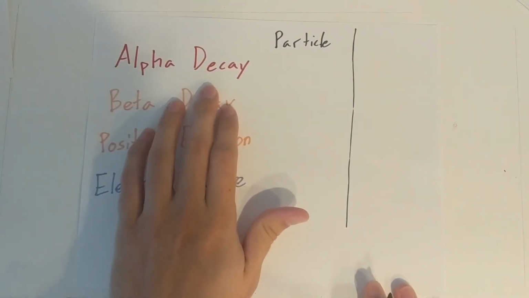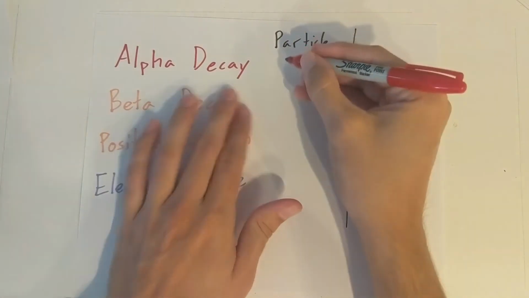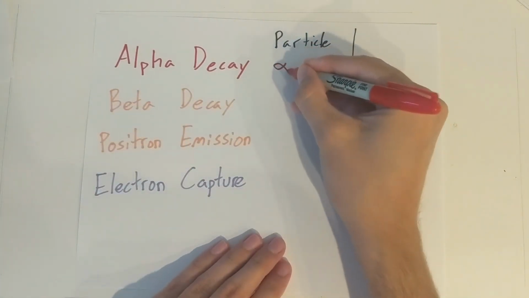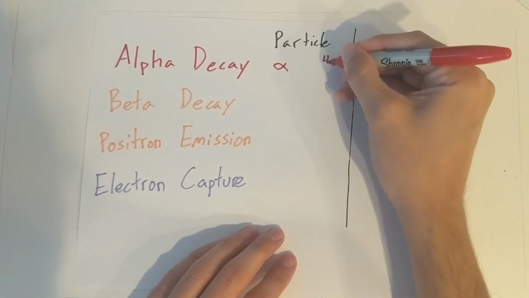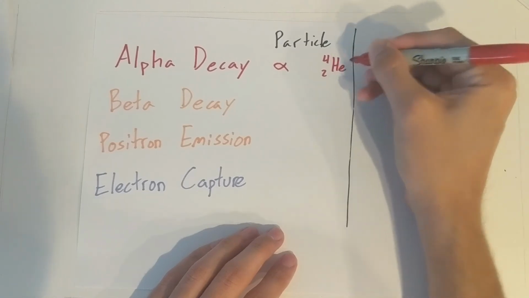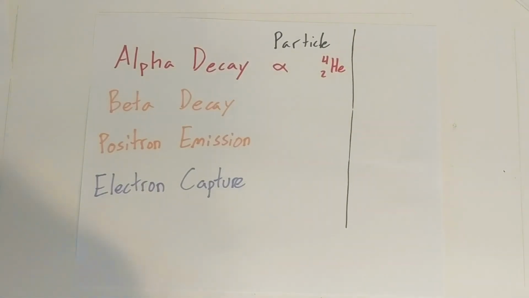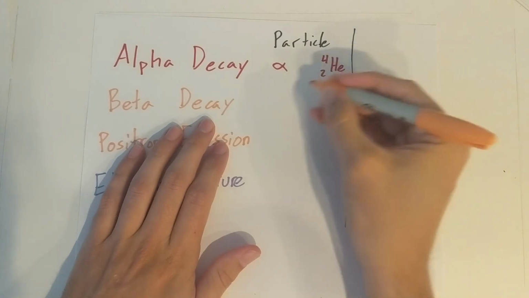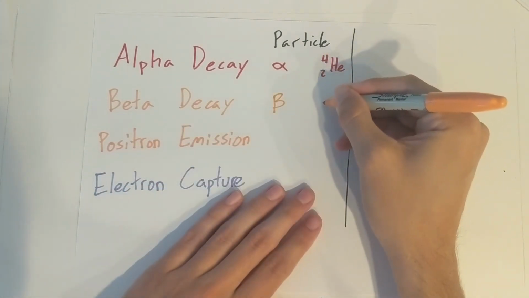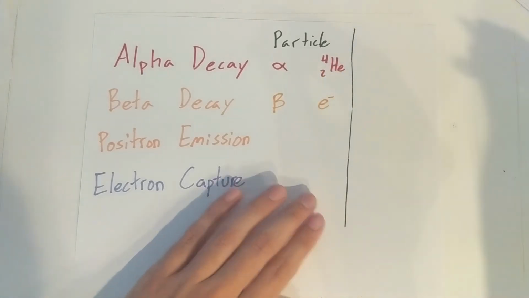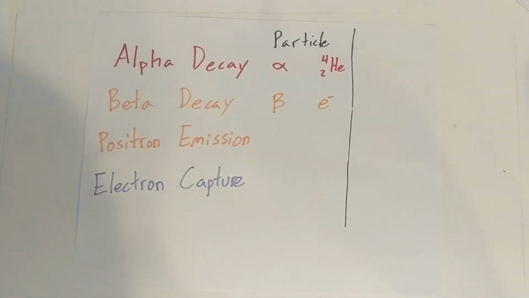When an element goes through alpha decay, remember we could draw the alpha particle with an alpha symbol, or we could draw it like a helium nucleus. So we got a couple options there. When an element goes through beta decay, we can write that like a beta, or we can write it like an electron, because beta decay is when it shoots off a high energy electron.